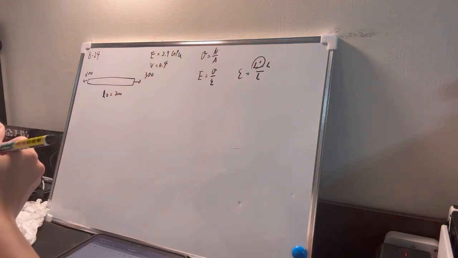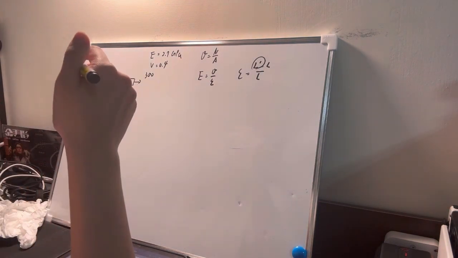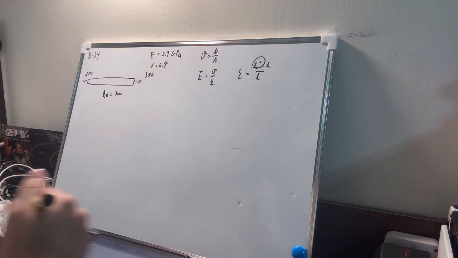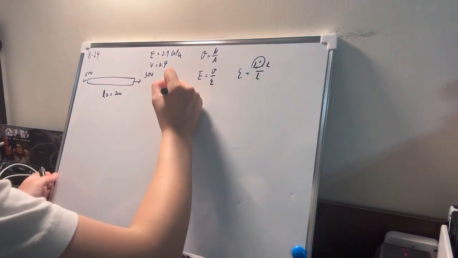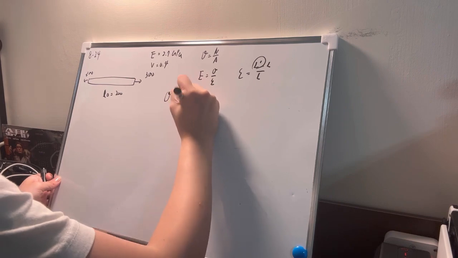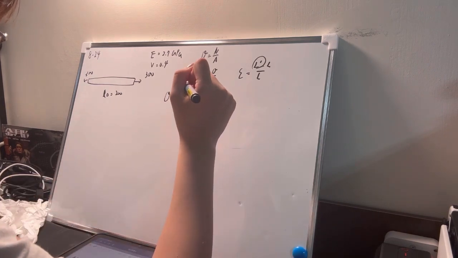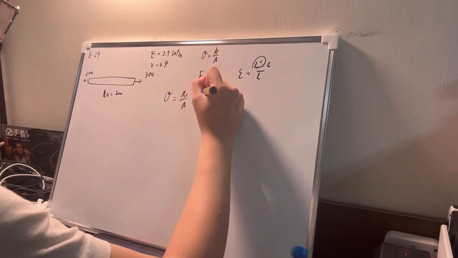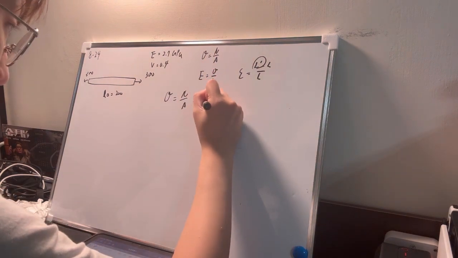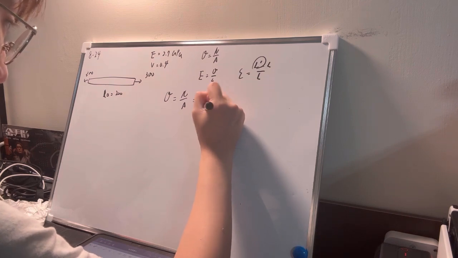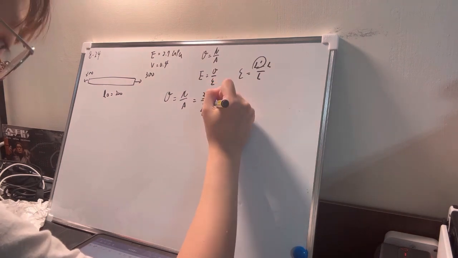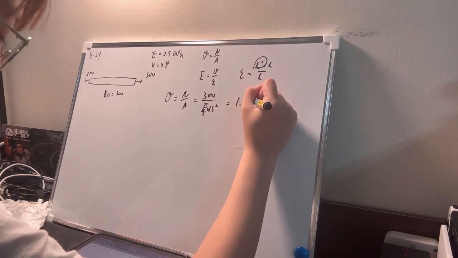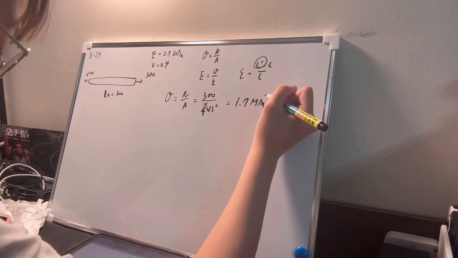So we can write down here, and the question already tells us it's 300 minus 0.450, and it's equal to 1.7 MPa here.